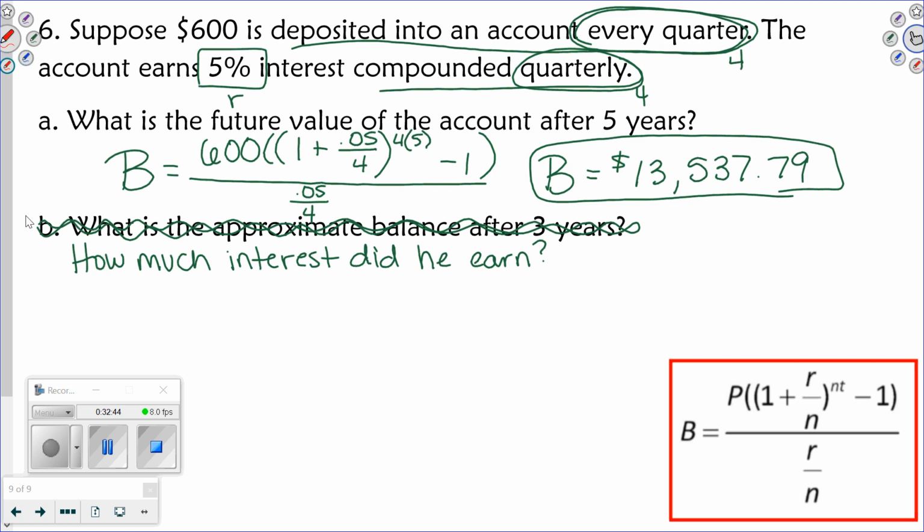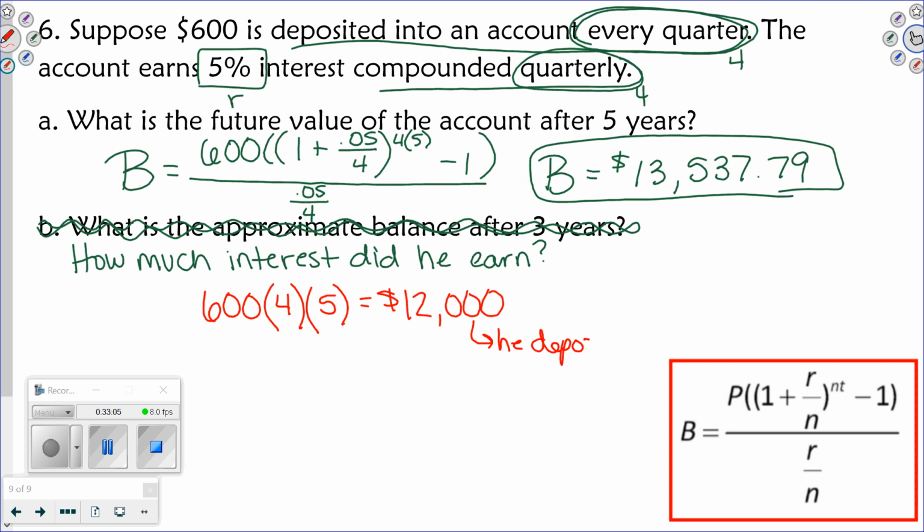All right, so how much interest did he earn? So we put $600 in how many times? 4 times for how many years? Do we see how that works? $12,000. That's what he deposited.